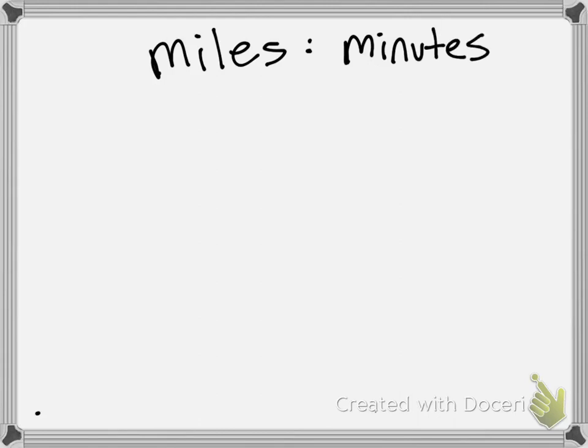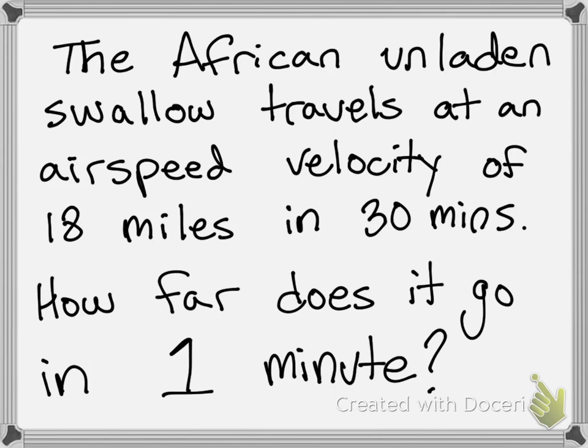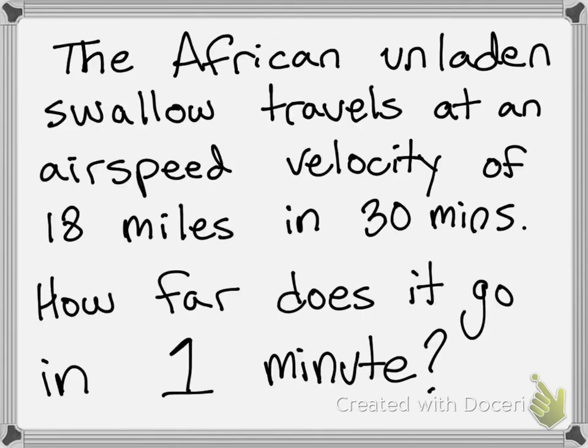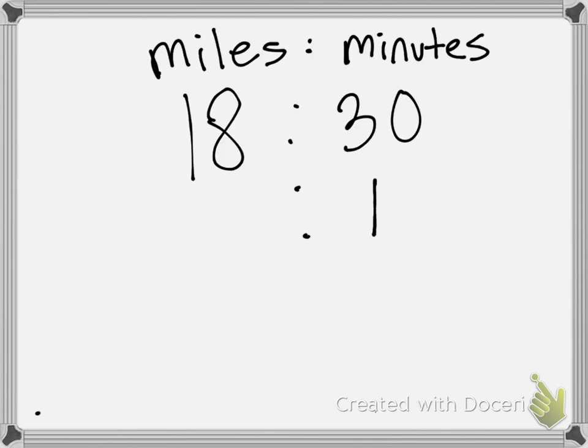That should give you help. How many miles does it go? 18. How many minutes does it take? 30. And now, we want to get it down to 1 minute. So, that should give you a hint.